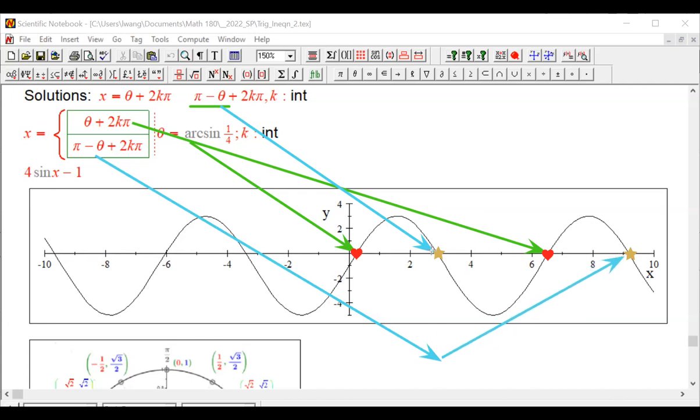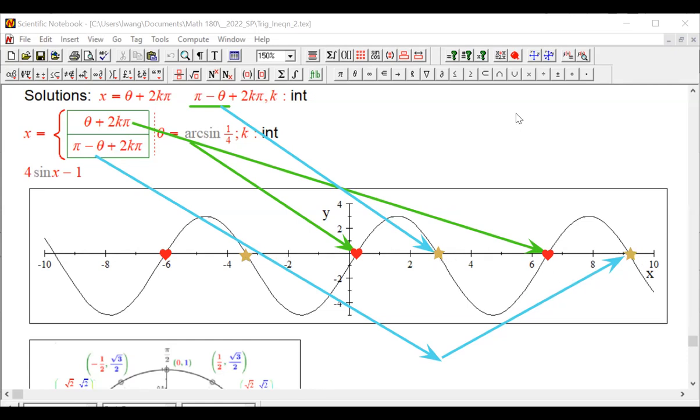And between the stars, the difference is 2 pi. If we minus 2 pi, it's going to be here. This is a heart. So between these two hearts, the difference is 2 pi. And between these two stars, that's 2 pi.